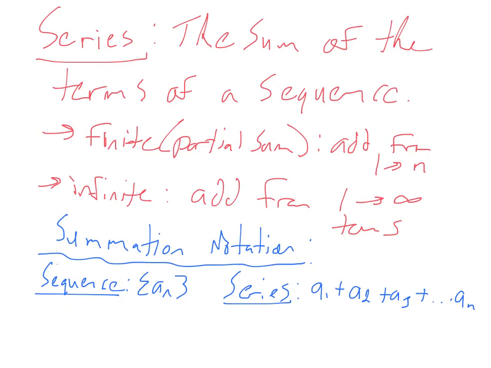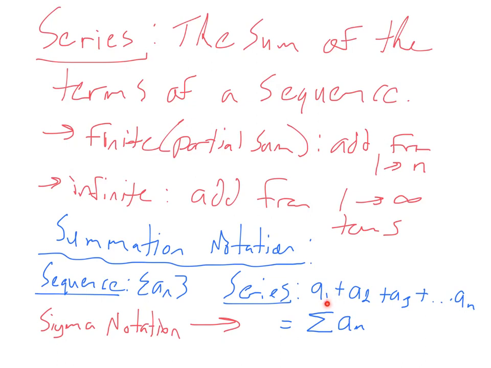Now, a more convenient and compact way to write that is to use what we call the sigma notation. Named after the Greek letter sigma, which is this one right here. And so the way we do this is we say we're going to add up all the terms of a sub n by putting a sub n right there from 1 all the way to n.